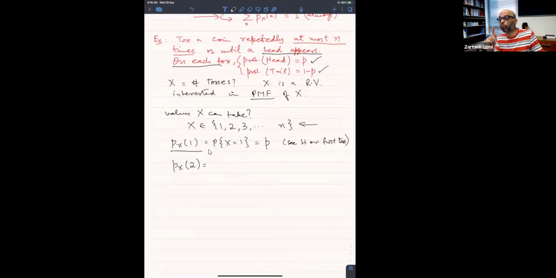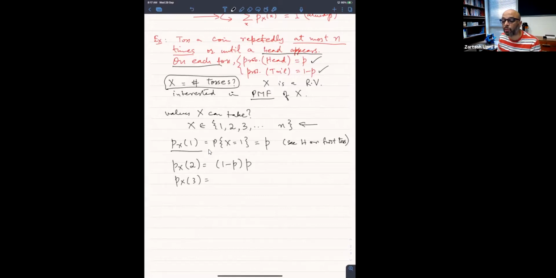What should come on the first toss? A tail should come on the first toss. If a head came, I would stop right there and X would be 1, because X is the number of tosses. I don't want to stop at the first toss, so the first toss must not be a head. It must be a tail. The probability that it is a tail is 1 minus P, and then the second toss is a head, which has probability P.